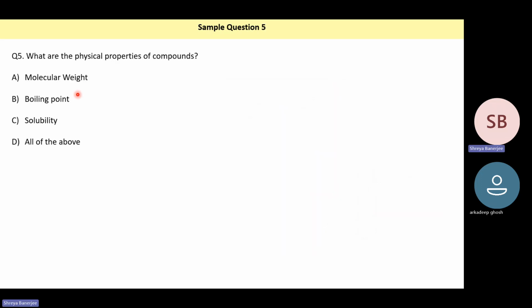Question 5 is asking, what are physical properties of compounds? So the answer is all of the above.